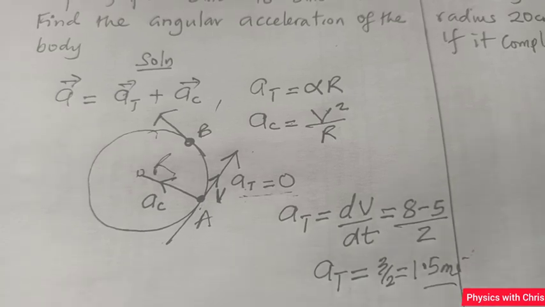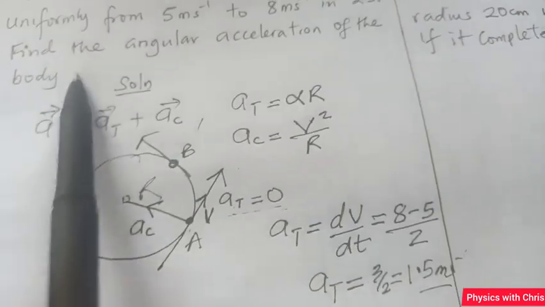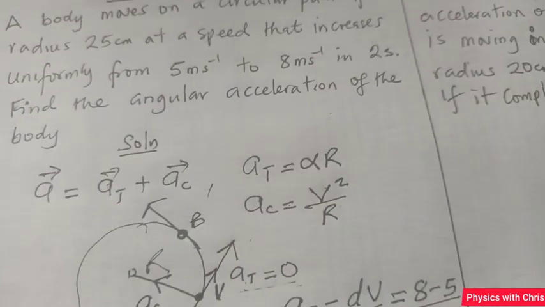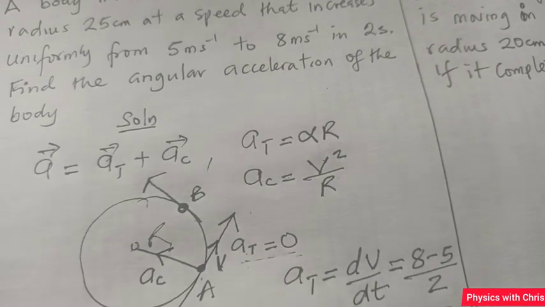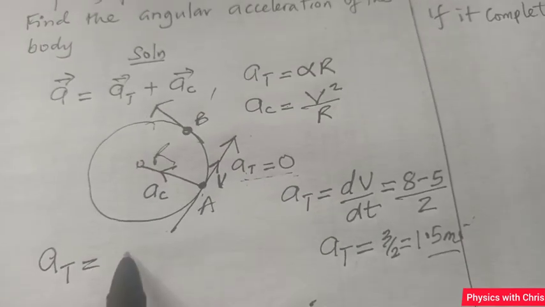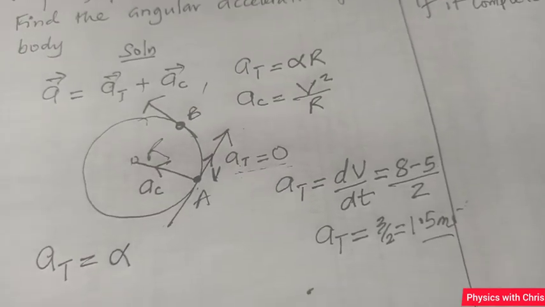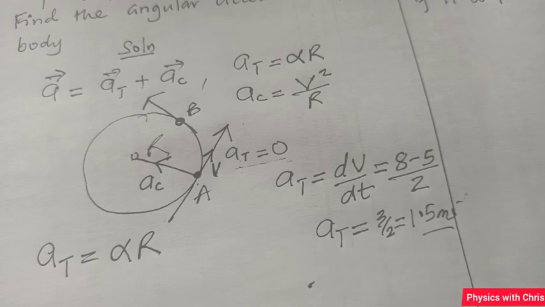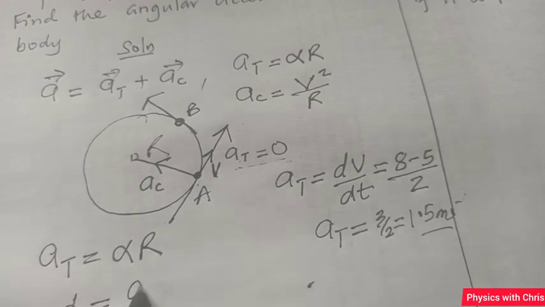Okay, so we have to find the angular acceleration of this body. Very quickly, the angular acceleration is found from the tangential acceleration, which is given as the angular acceleration alpha multiplied by the radius of the circle. So alpha is equal to AT divided by r.